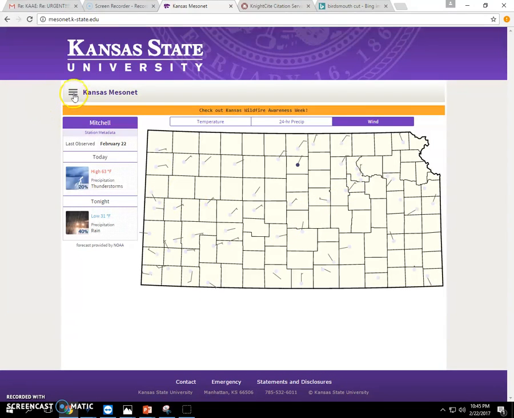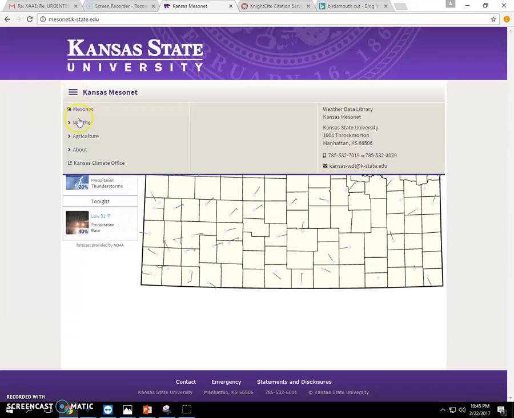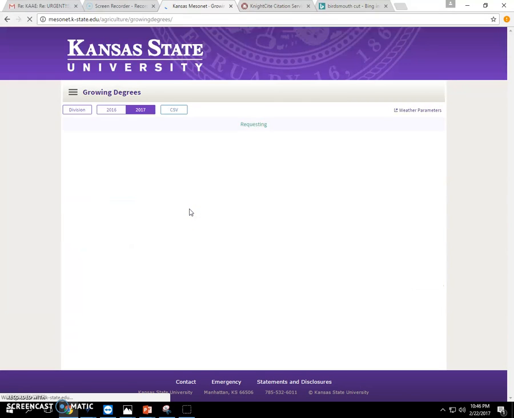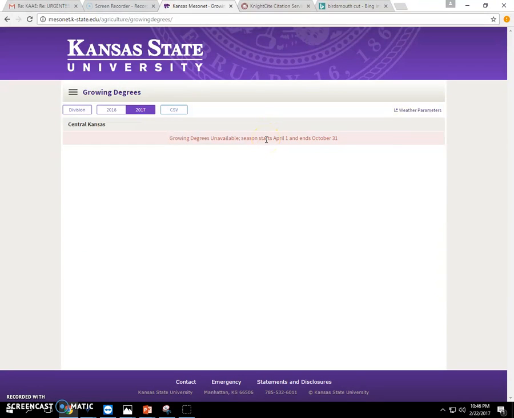Right now this just looks like a lot of information for weather, but we can also get some agricultural applications such as growing degree days. GDUs, or growing degree units, is not currently available during the time period that this is in.